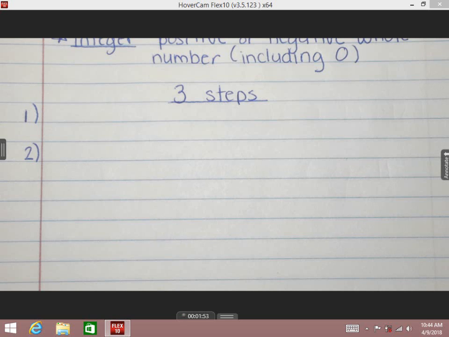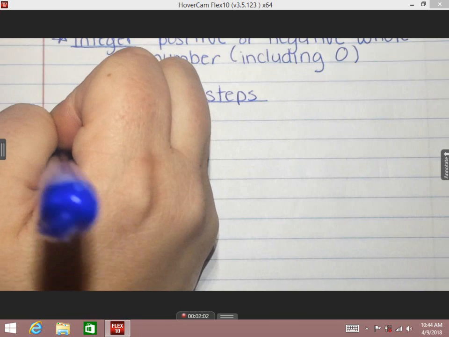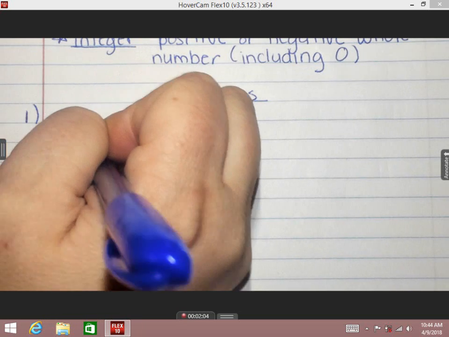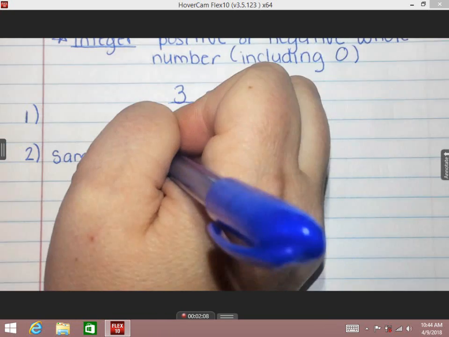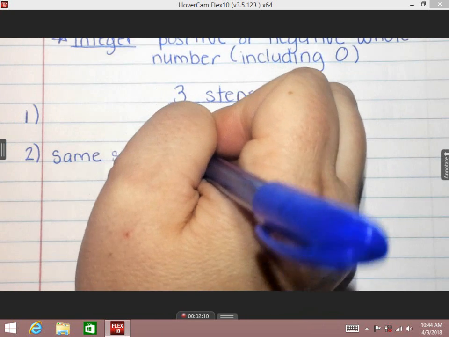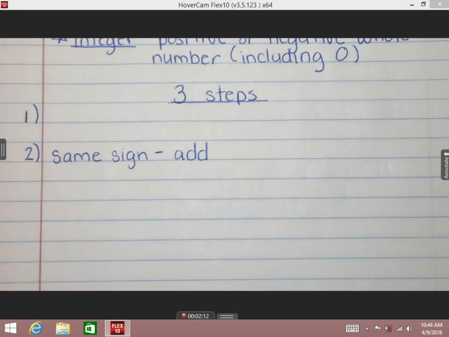So instead of looking at just the center to see what's in the middle, now we're going to have to look at both numbers. When I look at both numbers, if they have the same sign, I'm going to add those numbers together.